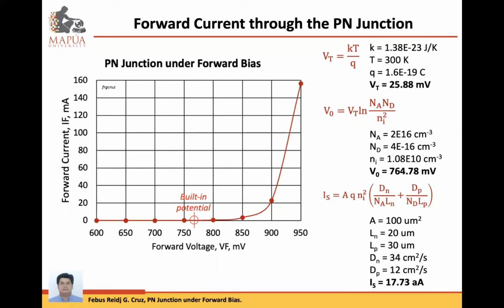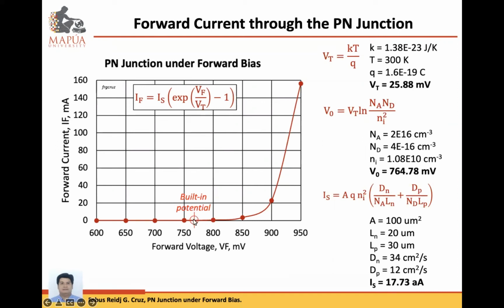Given these parameters, we can now calculate the forward current. You have the IS, you have the thermal voltage, and the forward voltage would be from 600 to 950. The built-in potential will indicate the boundary.